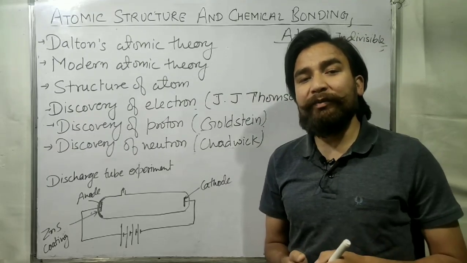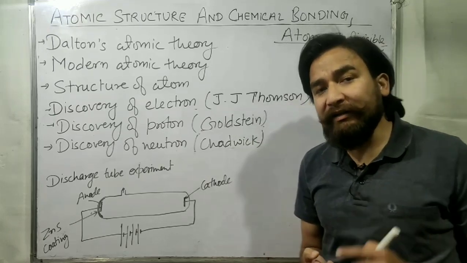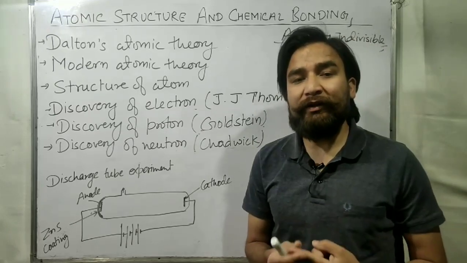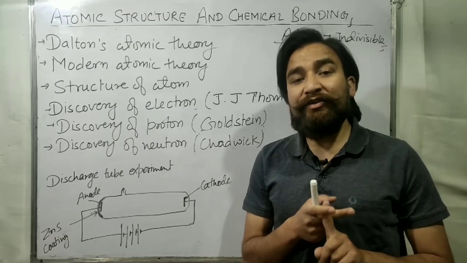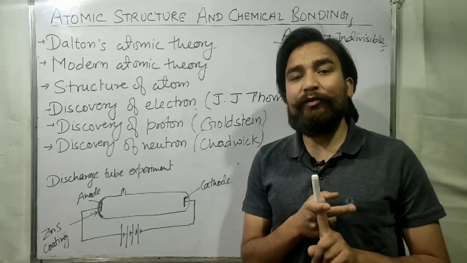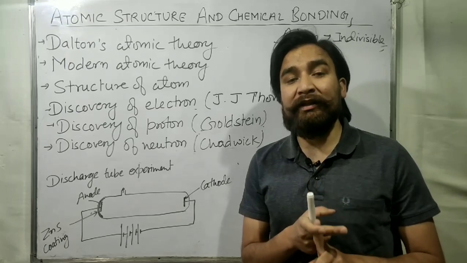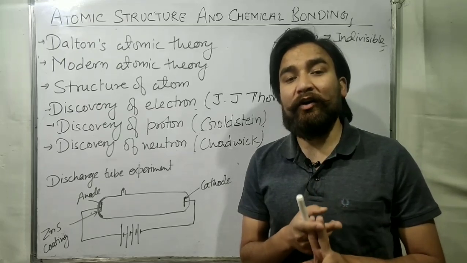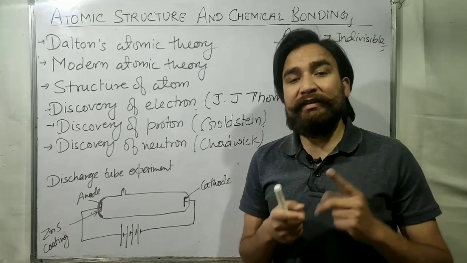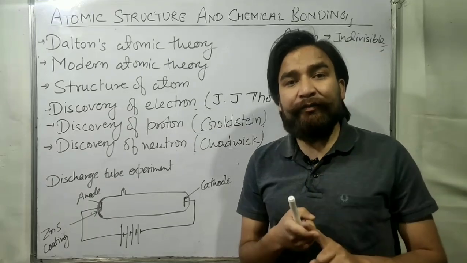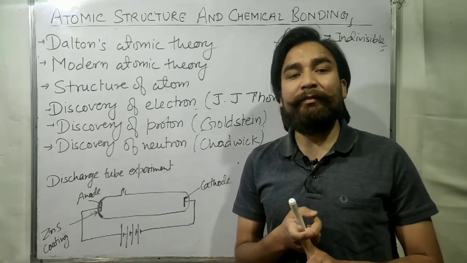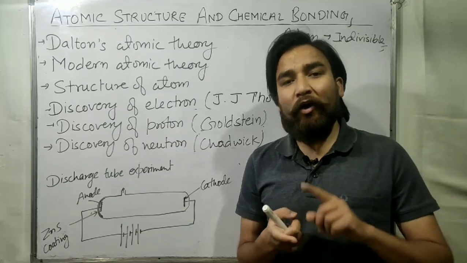So you have to remember a few points about Dalton's atomic theory. The first point is that every element is made of very small particles which cannot be divided further, and these small particles are called atoms. The second point, the atoms of a particular element are identical in all aspects.